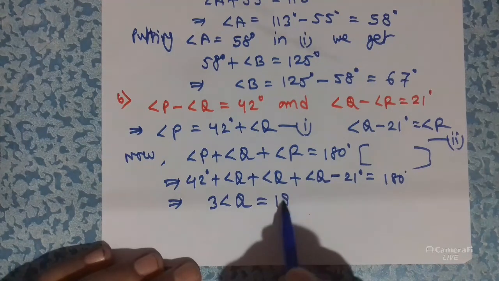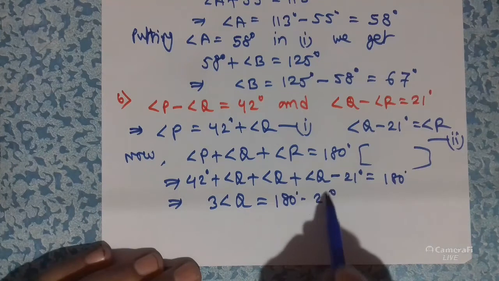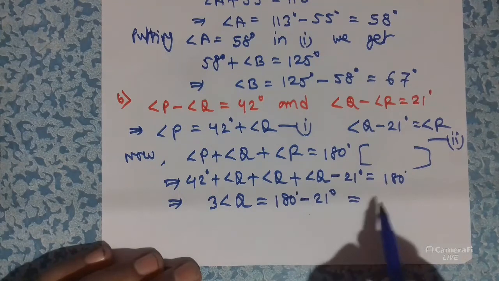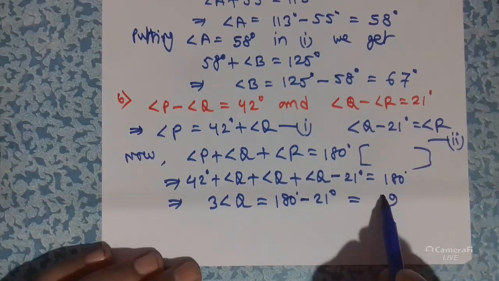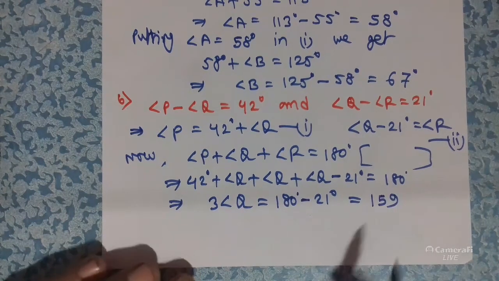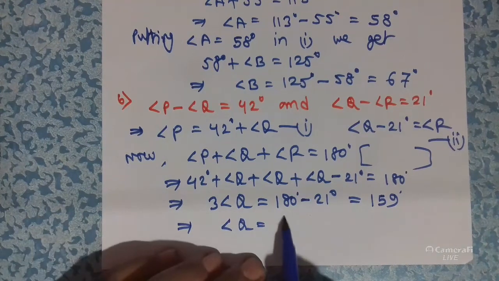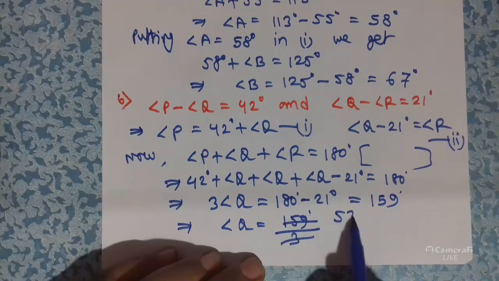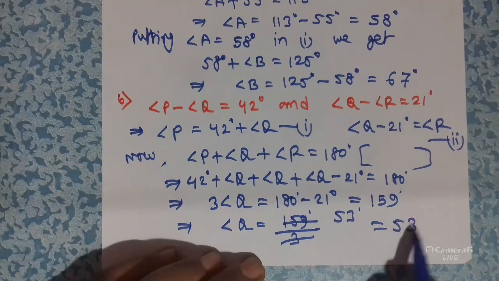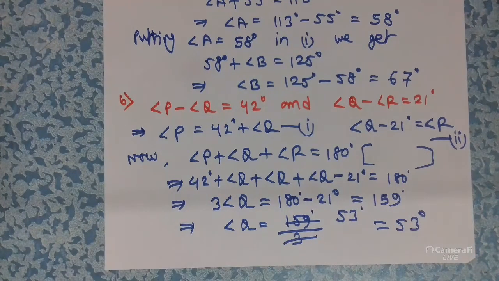So if we transfer it to the right hand side, it will be minus 21. If we subtract it, it will be 159. So this implies angle Q is equal to 159 by 3. So it will be 53 degrees. So angle Q is equal to 53 degrees.